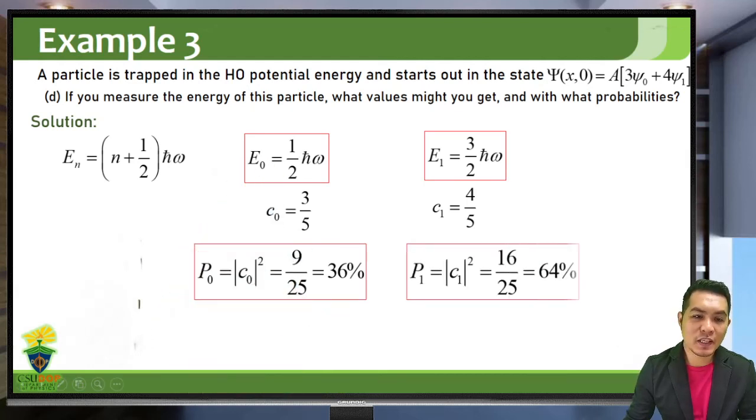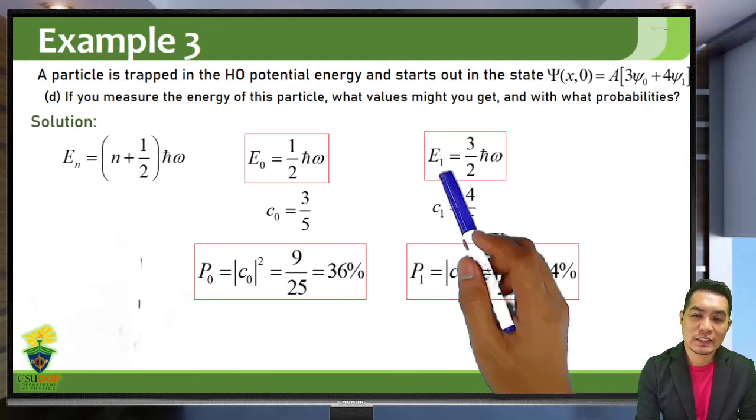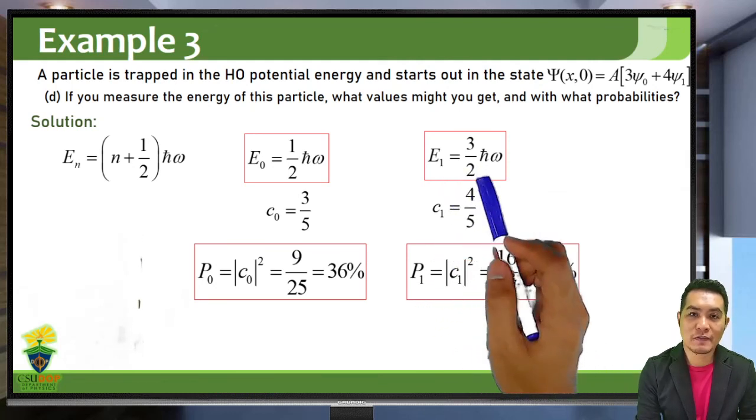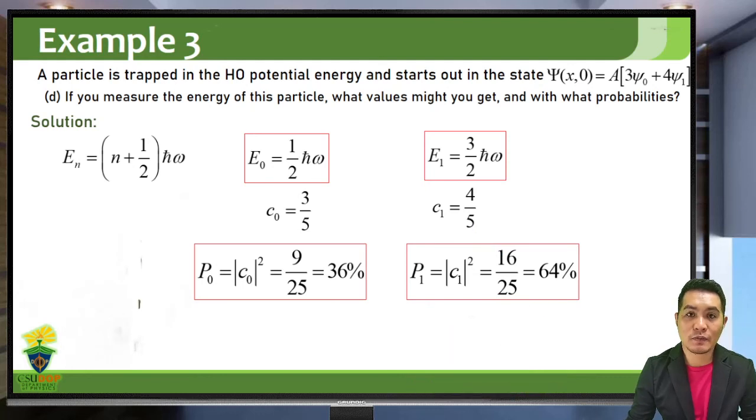Correspondingly, the probability that if you measure the energy of the particle you will get the first excited state energy, 3/2 h bar omega, is 64%. The rest of the probabilities are 0. The probability that when you measure the energy you will get, say, E3 or E4 or E5 is not possible. So only two energy values are possible in this case, E0 and E1.